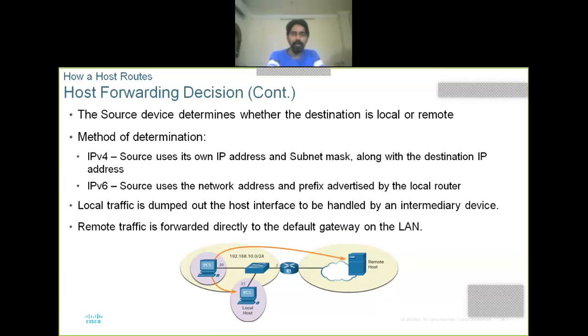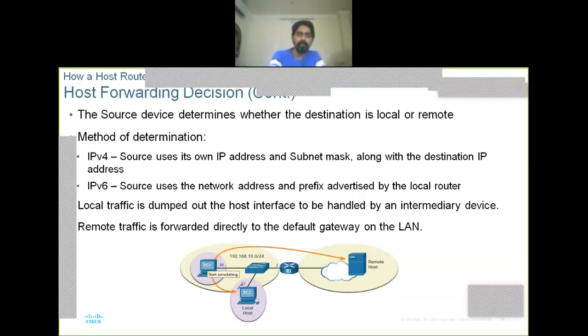You already know that PC1 wants to send data to the remote host. So how is this data transferred? If PC1 wants to send data to PC2, how are these packets transferred? To the local host, the data is transferred through the switch.